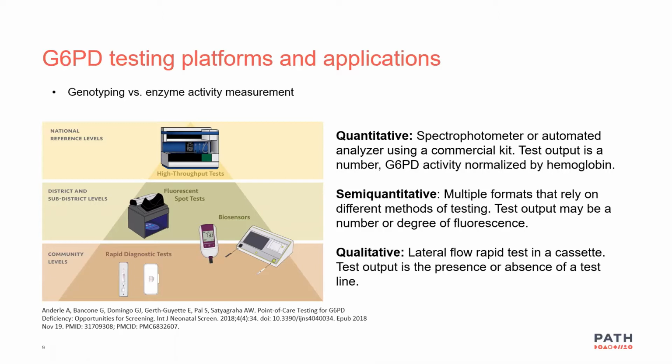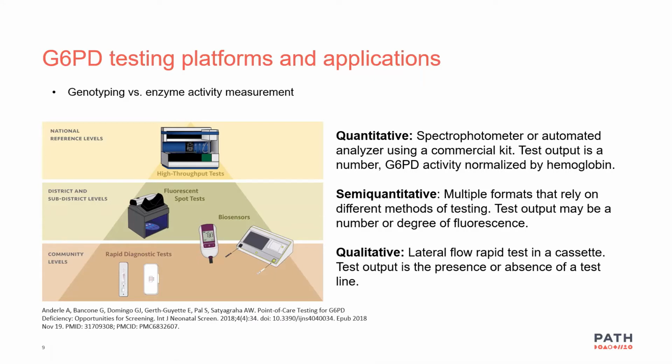In that middle level, we've put both the fluorescent spot test, which is currently in use, and biosensors, which bridge both the district and sub-district hospital level and the community levels, and are starting to be used more. And then the very bottom level are the rapid diagnostic tests, the lateral flow cassettes.